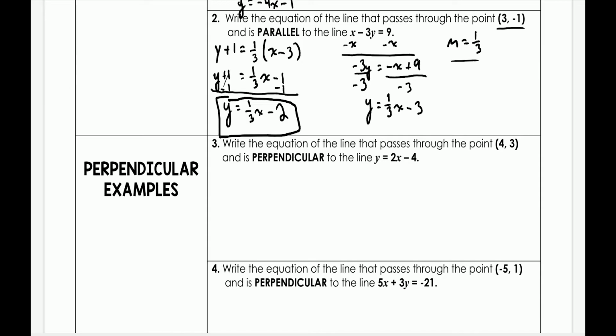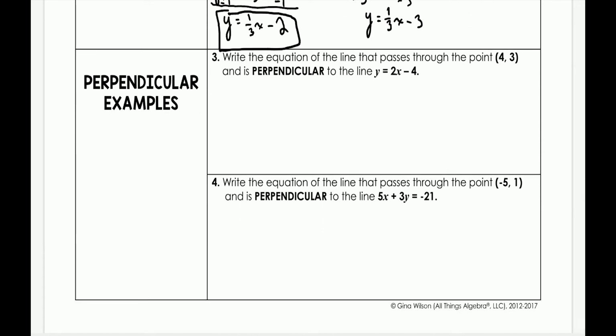Let's move on to some examples about perpendicular lines. So number 3, we're asked to write the equation of the line that passes through the point 4, 3 and is perpendicular to the line y equals 2x minus 4. If you remember the definition of perpendicular, they have negative reciprocal slopes.